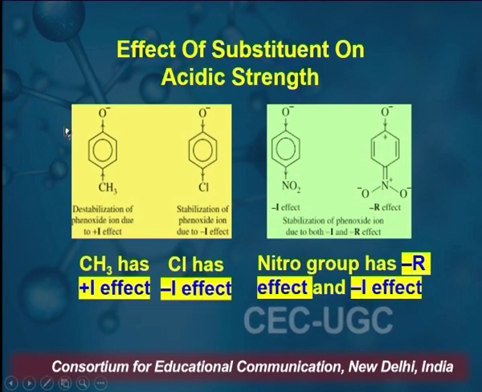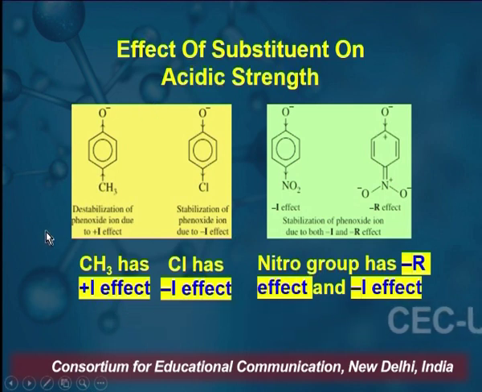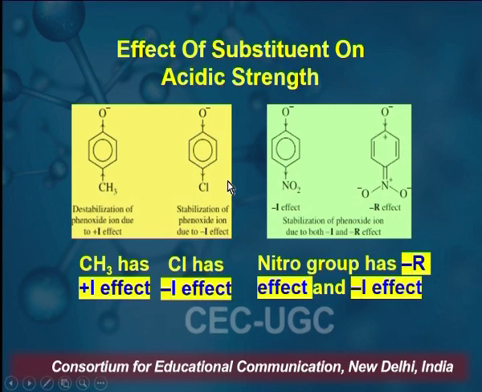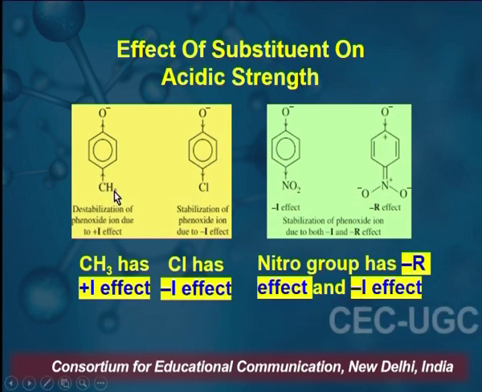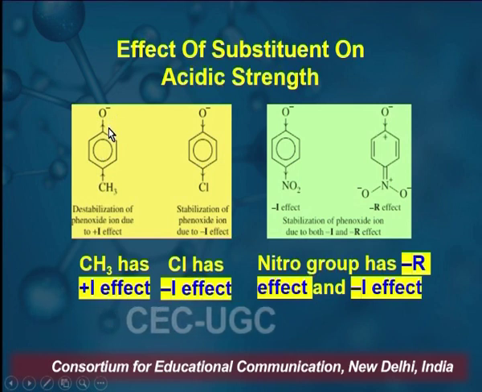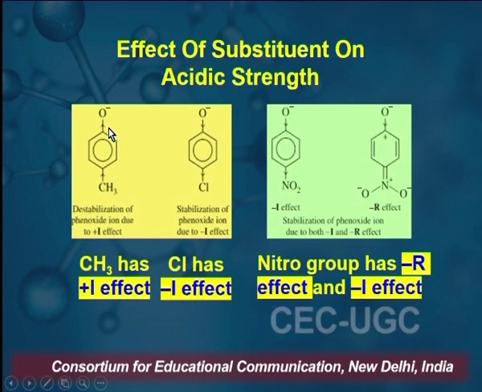The effect of substituent on acidic strength. Now, if I have paramethylphenol, parachlorophenol and paranitrophenol, what will be their relative acidic strength? As we have discussed earlier, the methyl group due to +I effect will increase the negative charge on phenoxide ion. It will destabilize the phenoxide ion and therefore, will decrease the acidic strength.